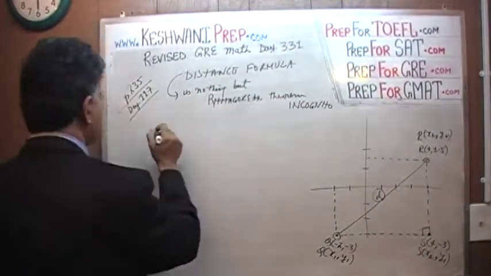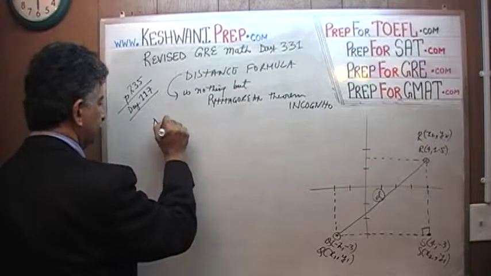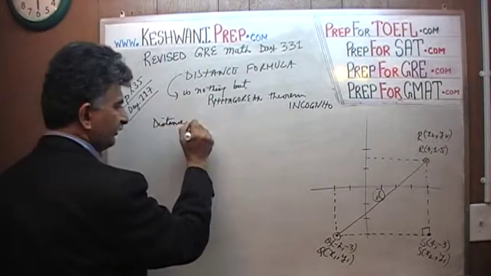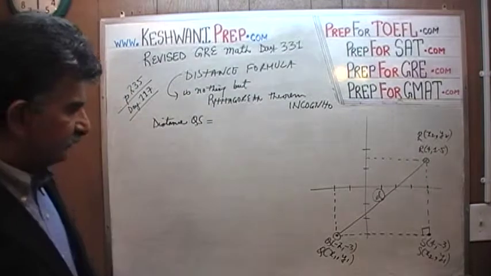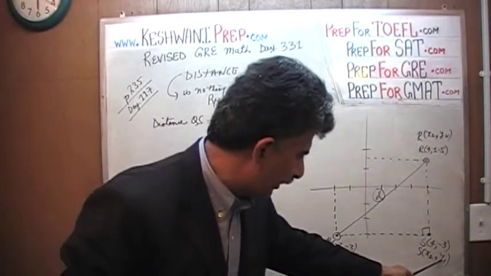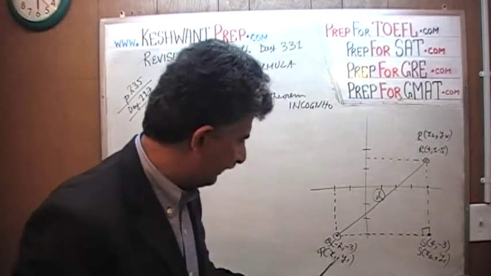Now ask ourselves, what's the distance from Q to S? The distance from Q to S is x2 minus x1.